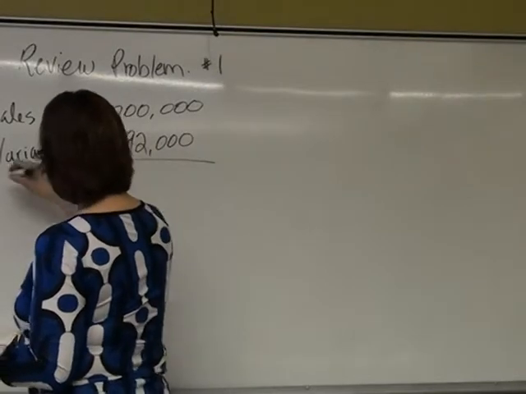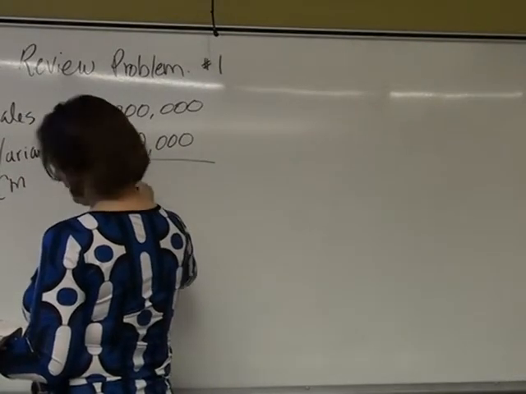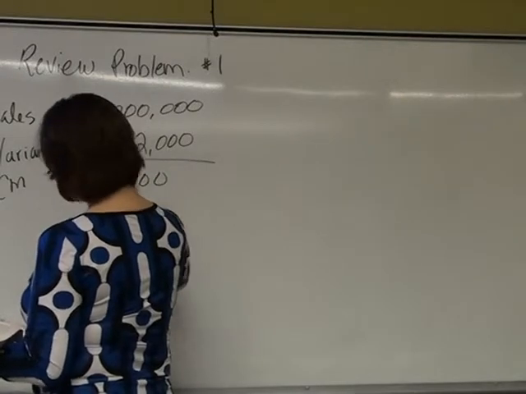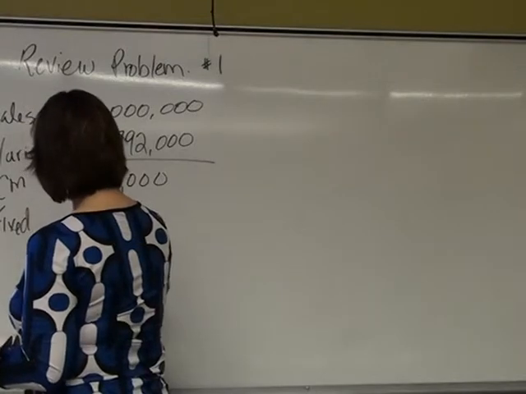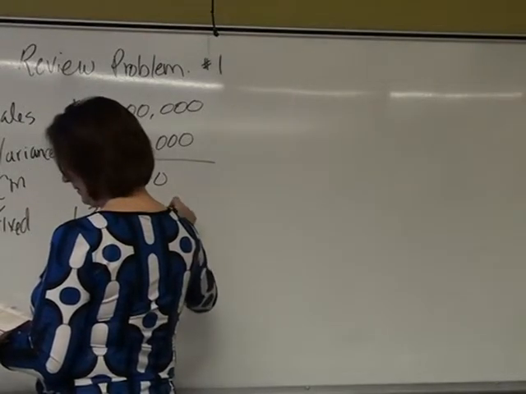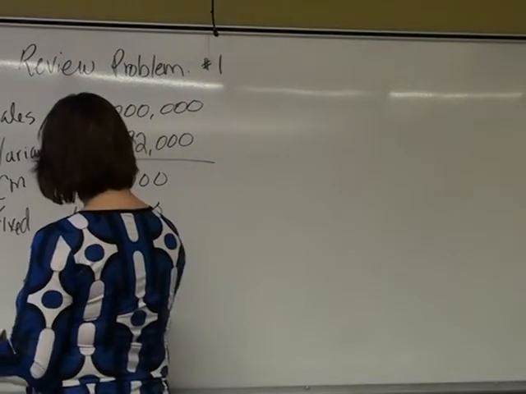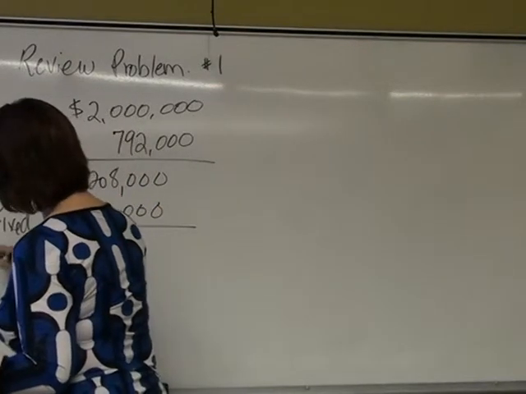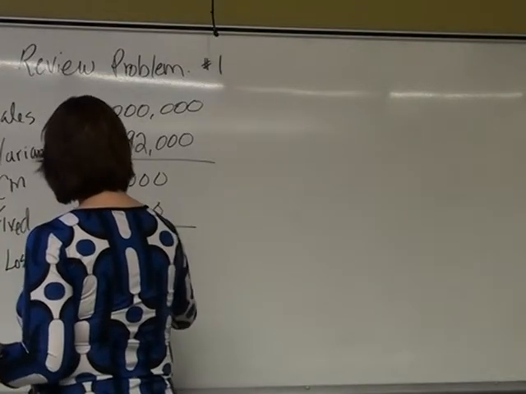Their contribution margin is 1208. Their fixed expenses are 1305. And they have an operating loss of $97,000.